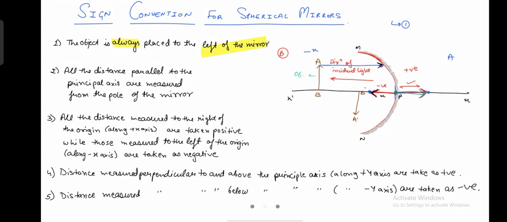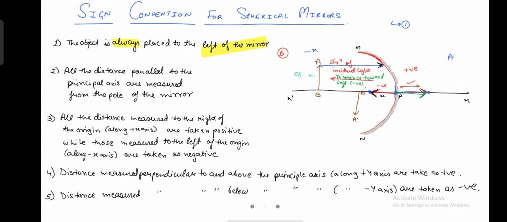While over here, it will be reflected something like this, right? Let us say that this is distance toward left, and distance toward left will be taken as negative. And this is what, right?